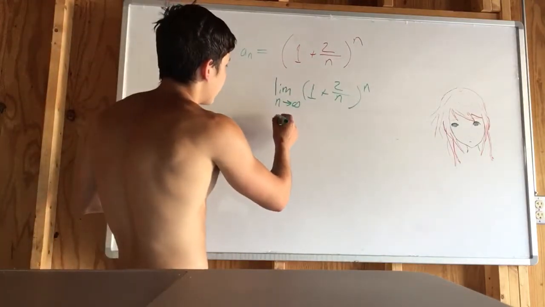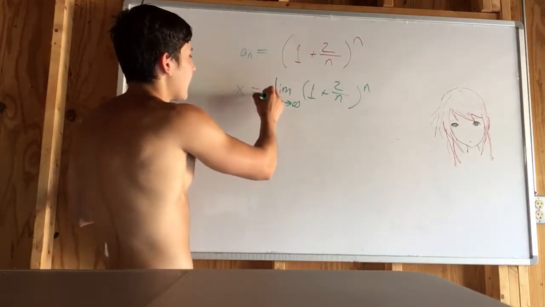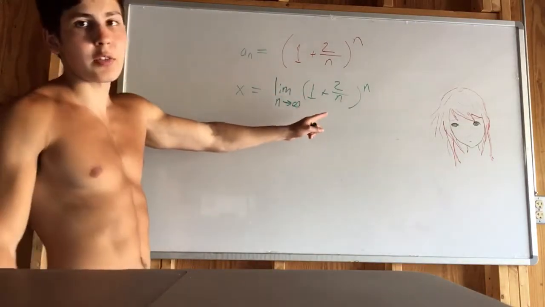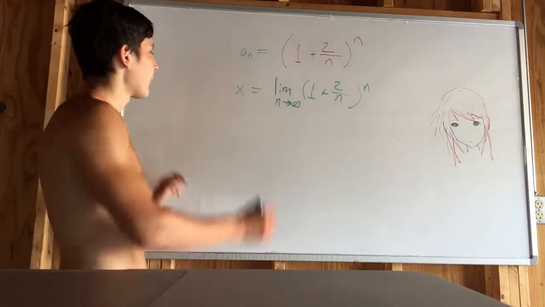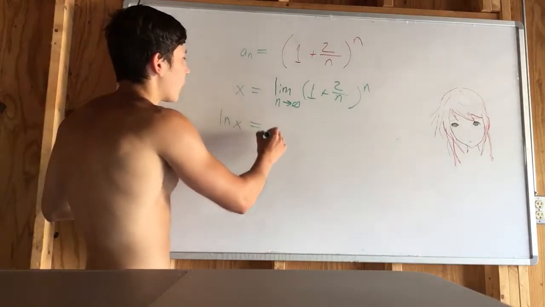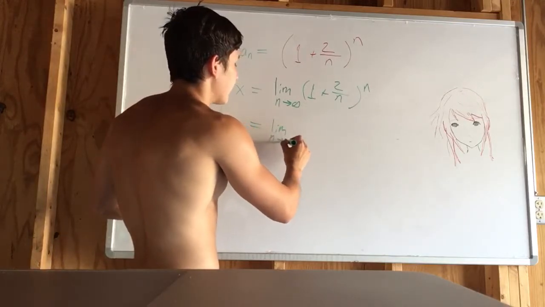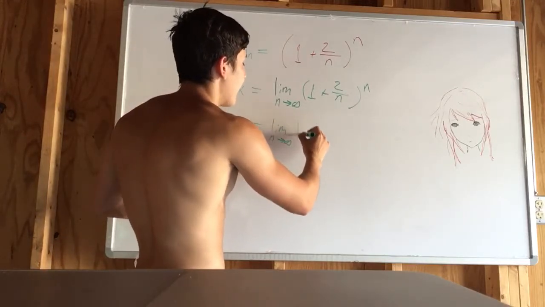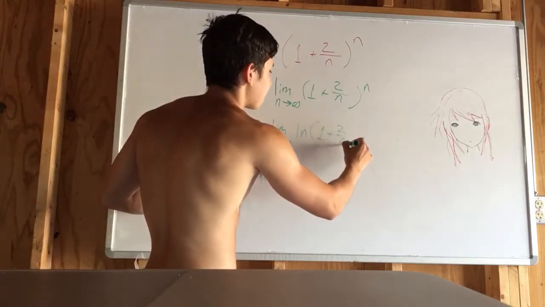So let's do that. Let's equate this to some variable x, because if we take the natural log over here, we have to take the natural log over here. So let's say the natural log of x equals the limit as n approaches infinity of the natural log of this thing here.